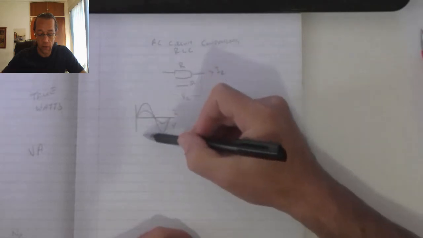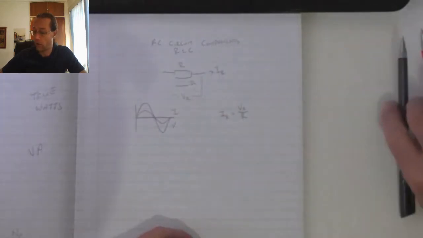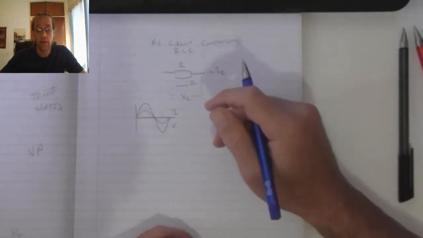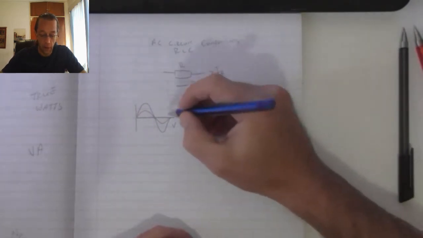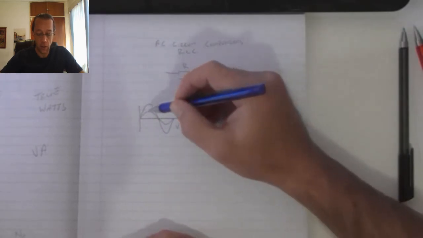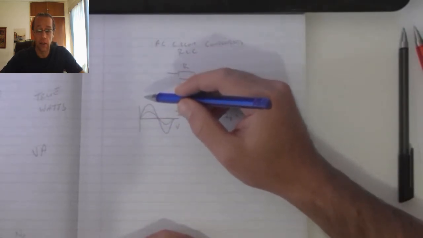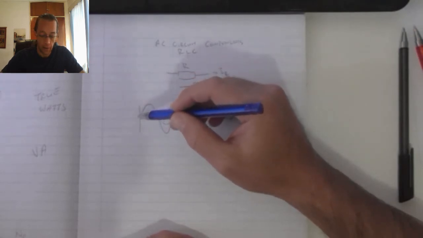Now, in order to get this sine wave, what we do is we represent it as a phasor diagram. We know that in order to generate a sine wave, we rotate a conductor in a magnetic field.